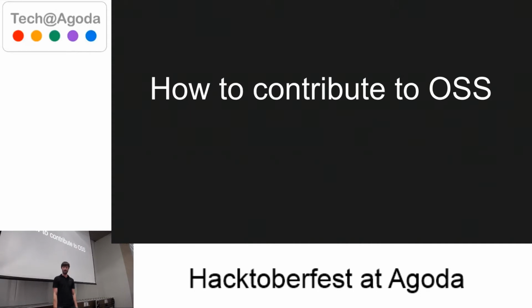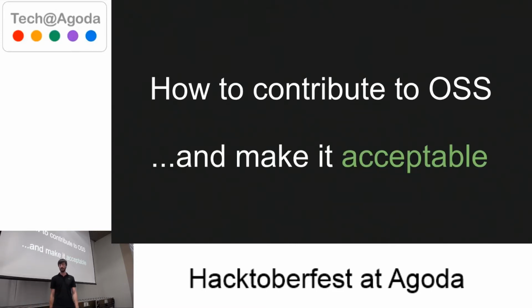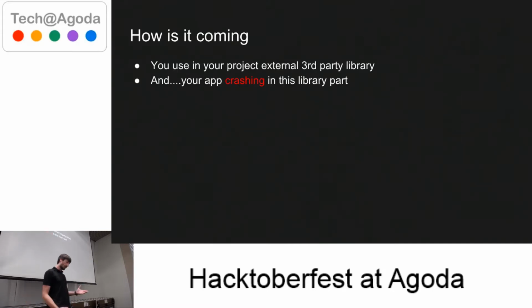it's a bit complicated, because how do you contribute to open source and make your pull request acceptable? It's very important. So actually, how does it happen?